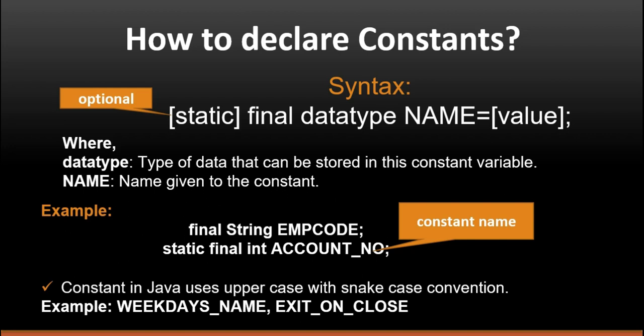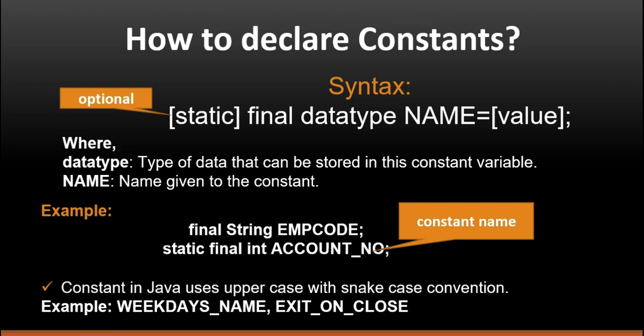Next is how to declare constants. So the syntax for declaring a constant is the static keyword, after that the final keyword, and whatever data type you want, give the data type and the name of your constant variable equals to value. So here static is optional. If you want, you can give your constant variable the static modifier.